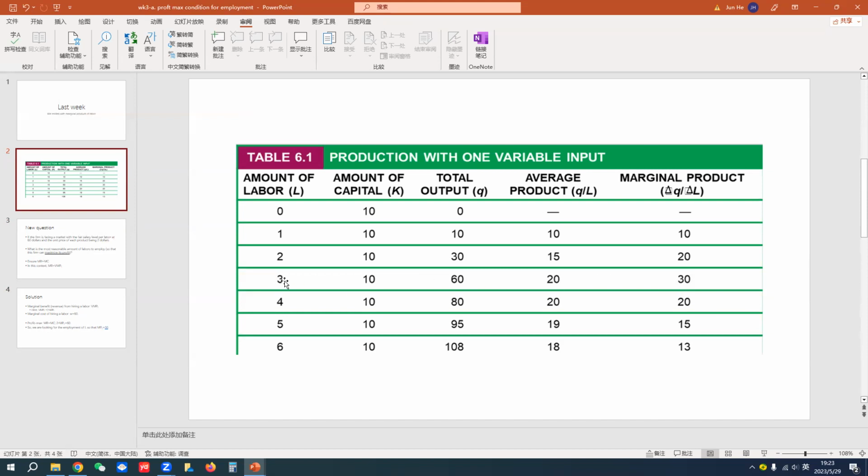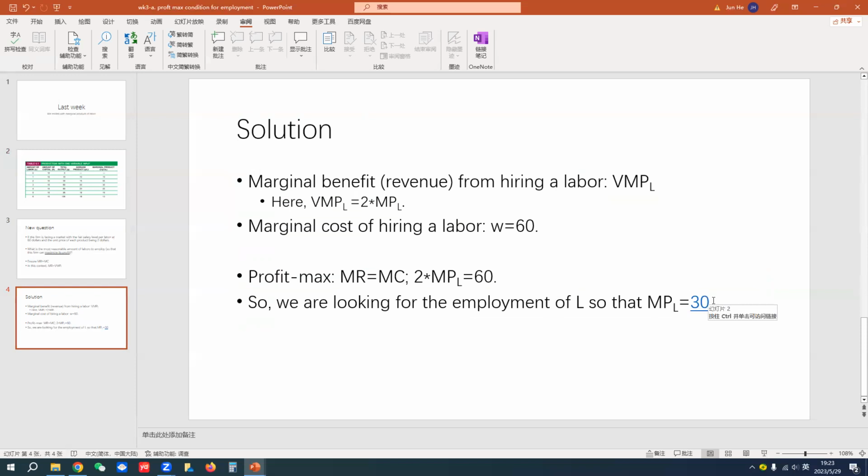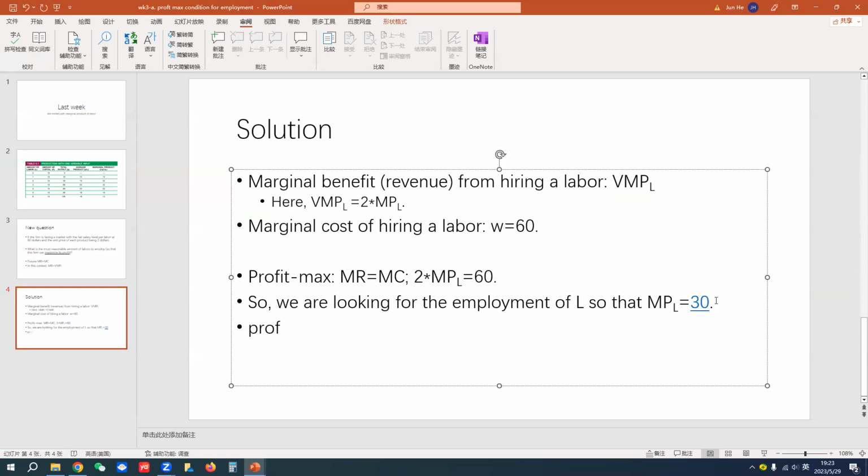So that means the profit maximizing labor is supposed to be 3. Okay, here we have the conclusion. Profit maximizing level of employment should be 3 laborers.